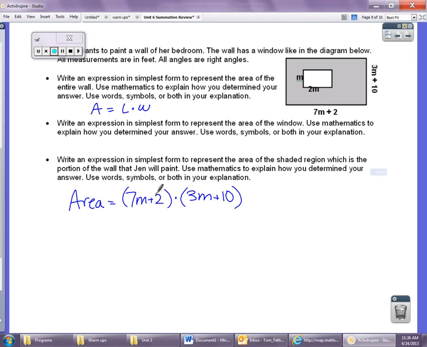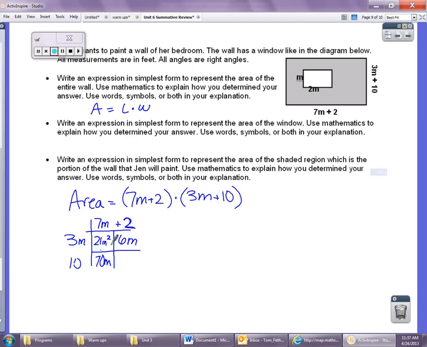Wow, this looks like one of those double distribution kind of questions. We may have to FOIL this. I know Mr. Featherman teaches a different way, but I love FOILing using the area method. So 3m and 10. Oh, it looks like a little box. That's right. 3m and 7m multiply to 21m squared. 3m times 2 is 6m. 10 times 7m is 70m.